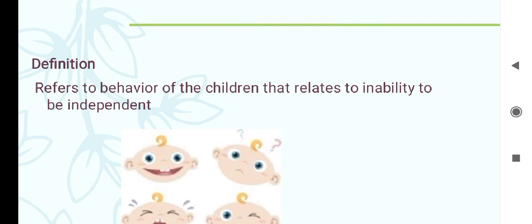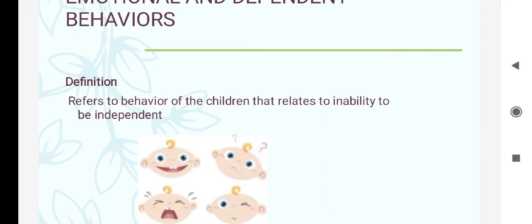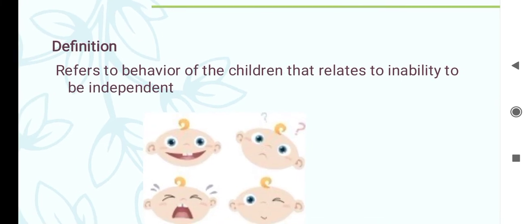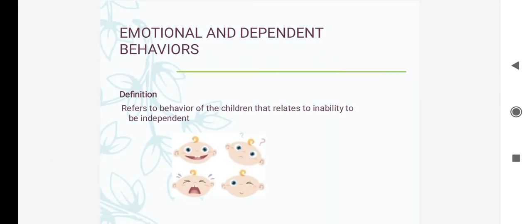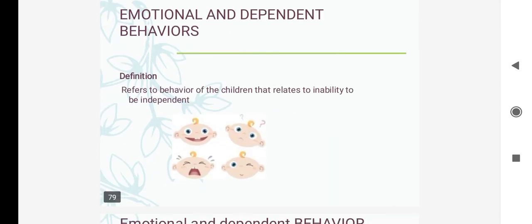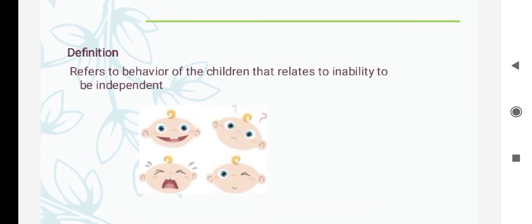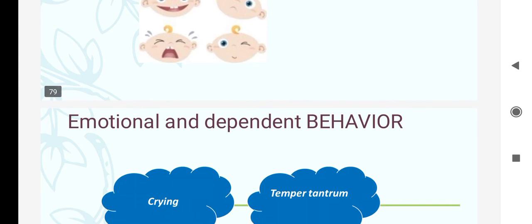We can see that by their behavior or the expression of emotions. So being emotional among children is annoying for adults if it happens too frequently. So let us have a look at the example of being emotional, or the different types of emotional and dependent behavior.